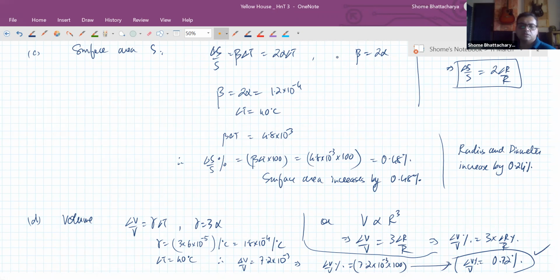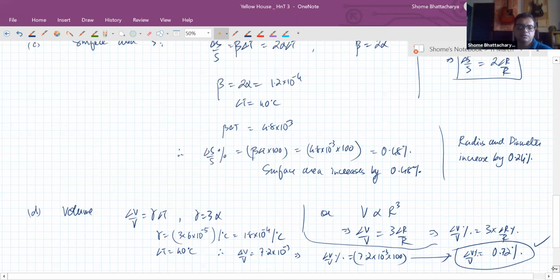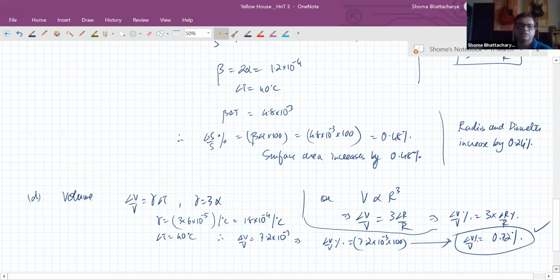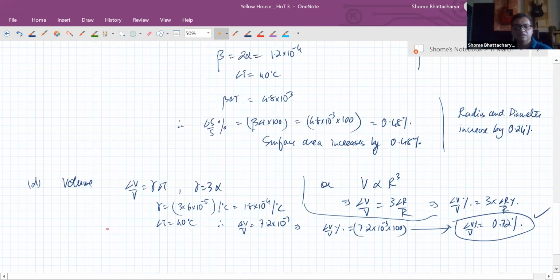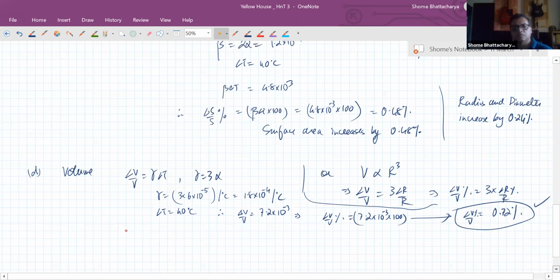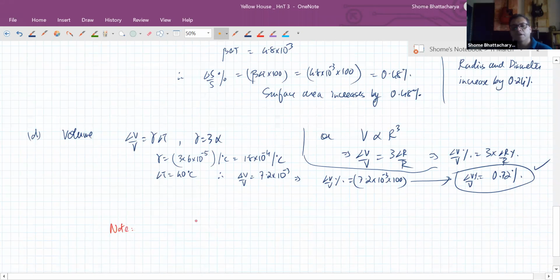No, it's not square beta. The surface area is proportional to the square of radius. That's why the fractional change is 2 times the fractional change in radius. That is the principle of error propagation, which you've also learned in units, dimensions, and measurements. The relation is like this: if y is proportional to x to the power n, then delta y by y is n times delta x by x.